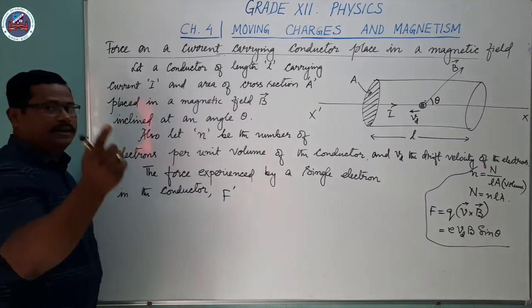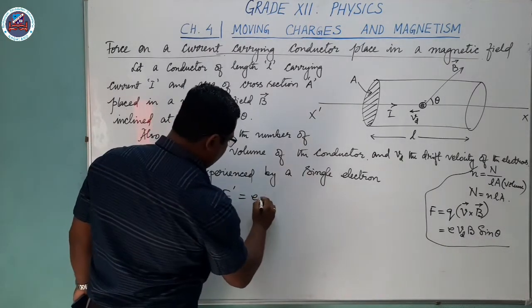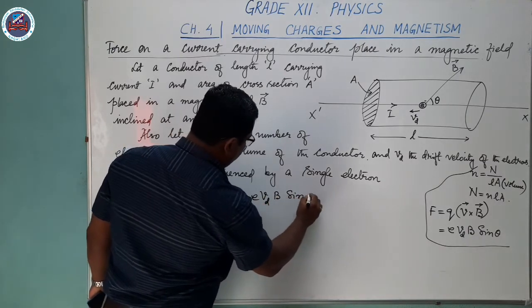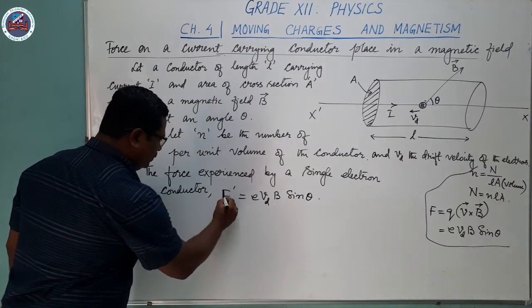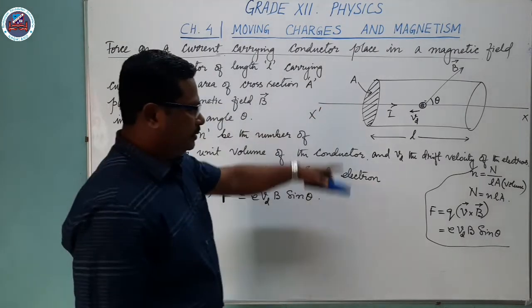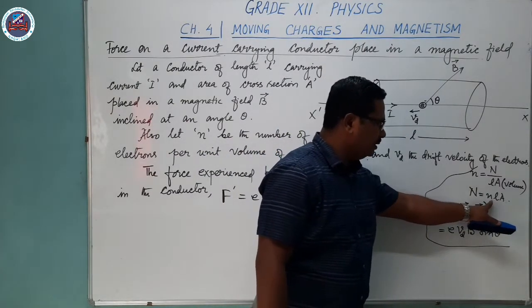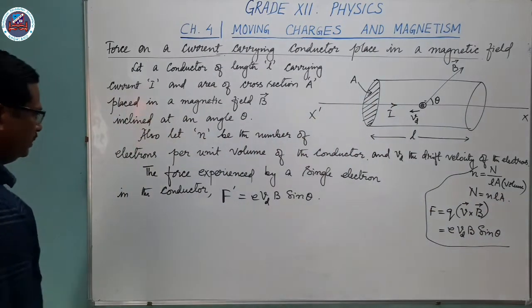This is for one electron. Then your formula will come straightaway like this: e Vd B sin theta. But how many electrons are there? You can see here the number of electrons present in the conductor is n L A. So we'll write this one.